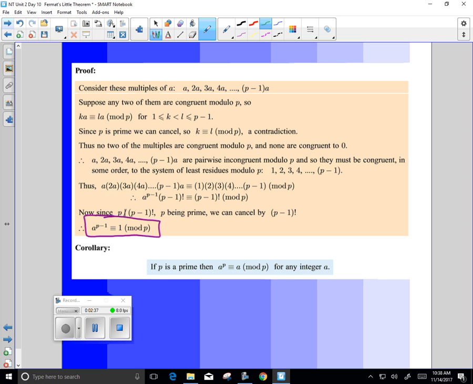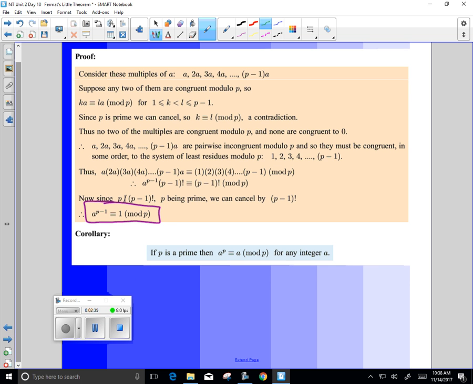All right. This one, turn to your neighbors and see if you can tell them how you got from A to the P minus 1 congruent to 1 mod P to this corollary.